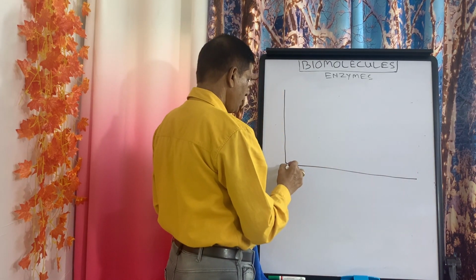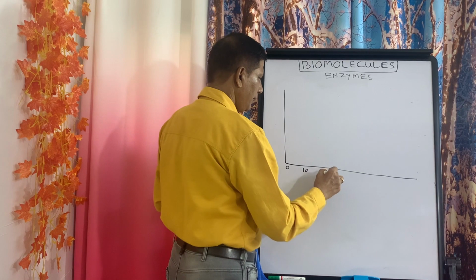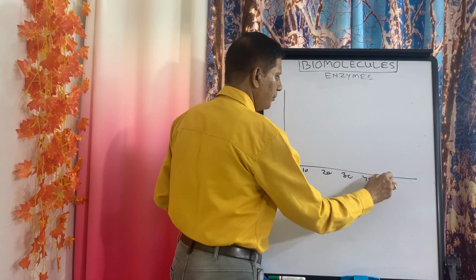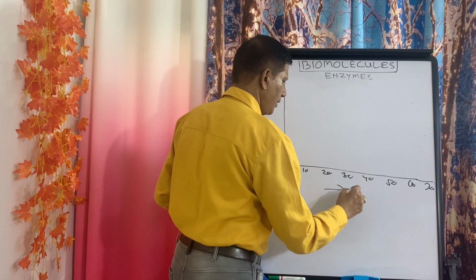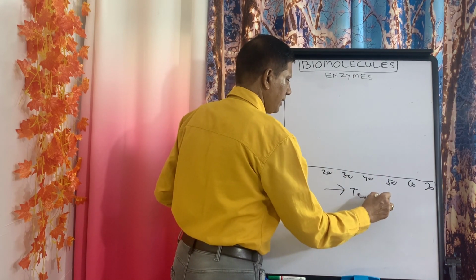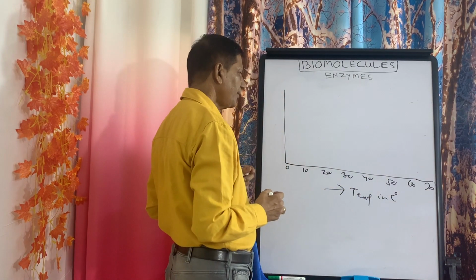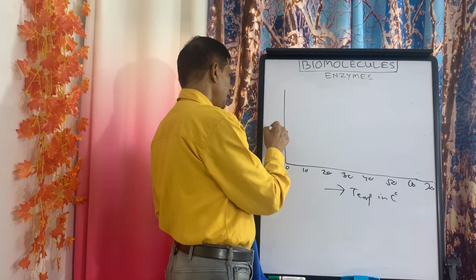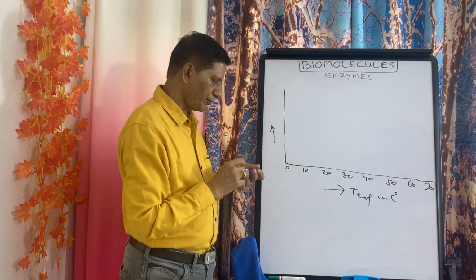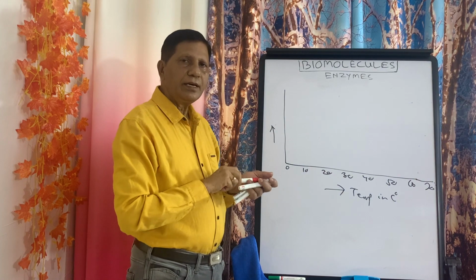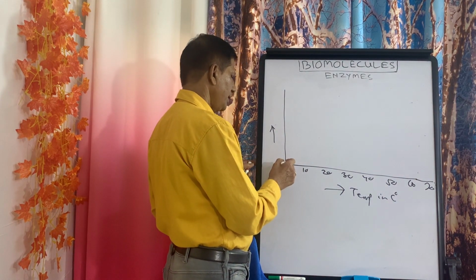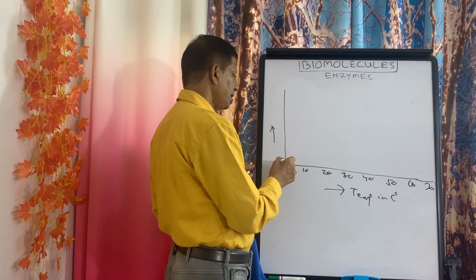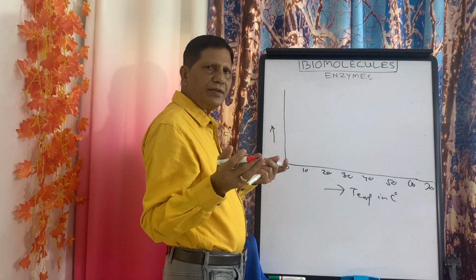Suppose this is temperature: 0, 10, 20, 30, 40, 50, 60, 70, in centigrade. And this is the rate of the reaction. Suppose the temperature is 0 at this point. At 0 degree centigrade they are completely inactivated.